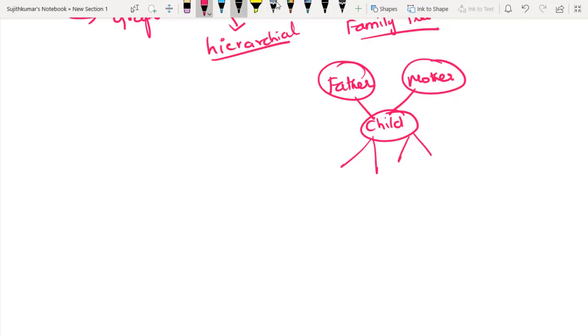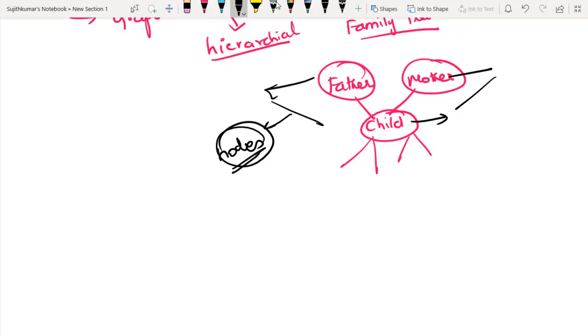So this is a hierarchy, called a hierarchical data structure. And this father, mother, child are called nodes, the nodes of the tree.